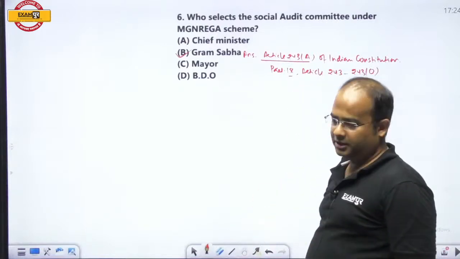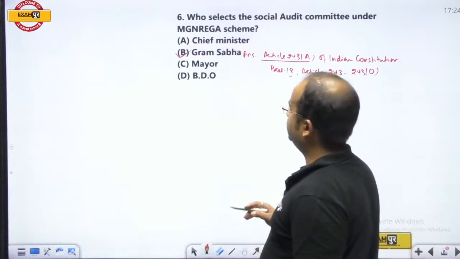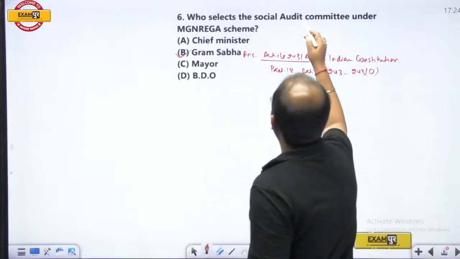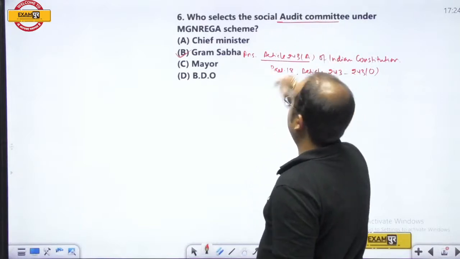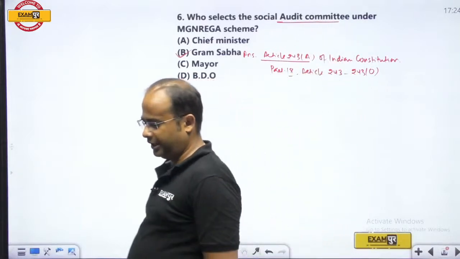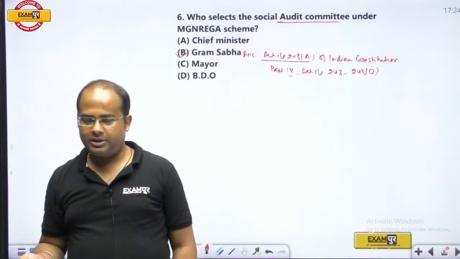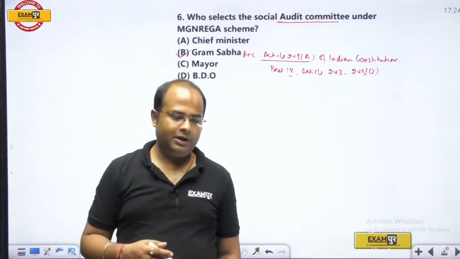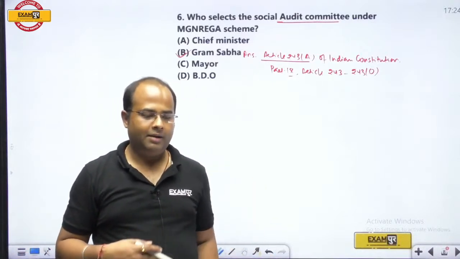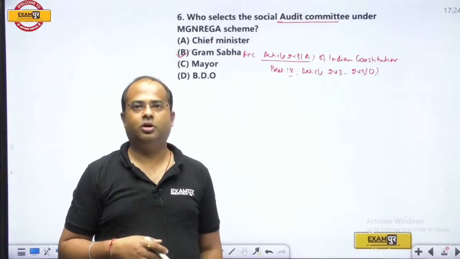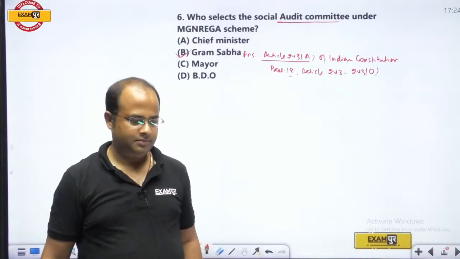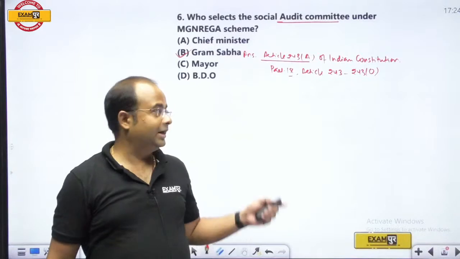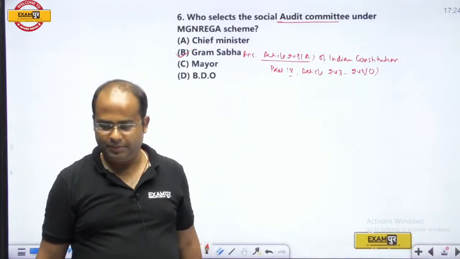So the correct answer will be Gram Sabha, who does the Social Audit of the MGNREGA scheme 2009. The MGNREGA scheme also runs under the Government of India. So the correct answer will be, guys, option B.